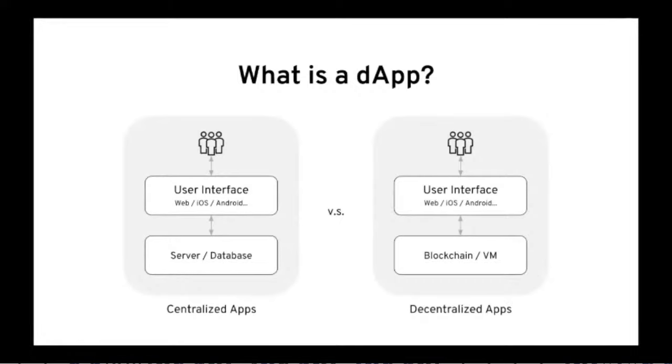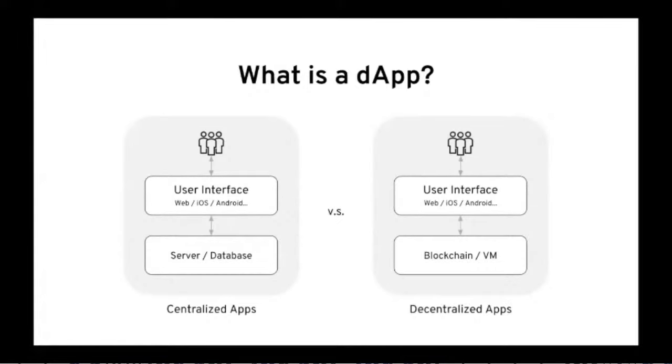So first, what is a dApp? As opposed to normal or centralized applications that we're more familiar with, like centralized applications are the ones on the left. They have their service built on centralized servers. So for example, Facebook, Google, or basically most of the services that you use have their backend built into a server on the cloud or in some warehouse they have.